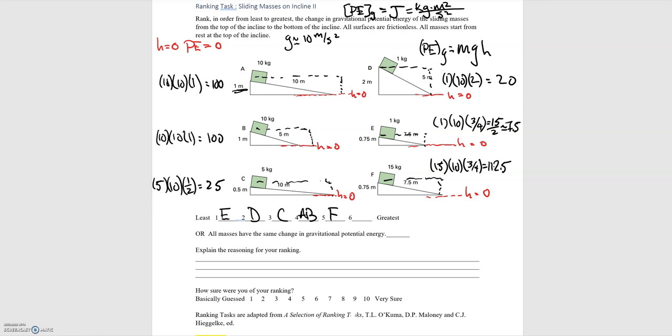And so just to wrap up, how did we do this? We started by choosing where our gravitational potential energy is equal to 0, so we can compare them all.